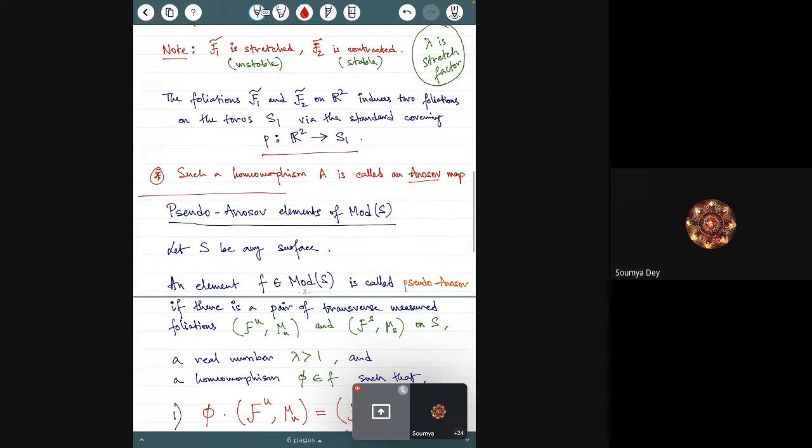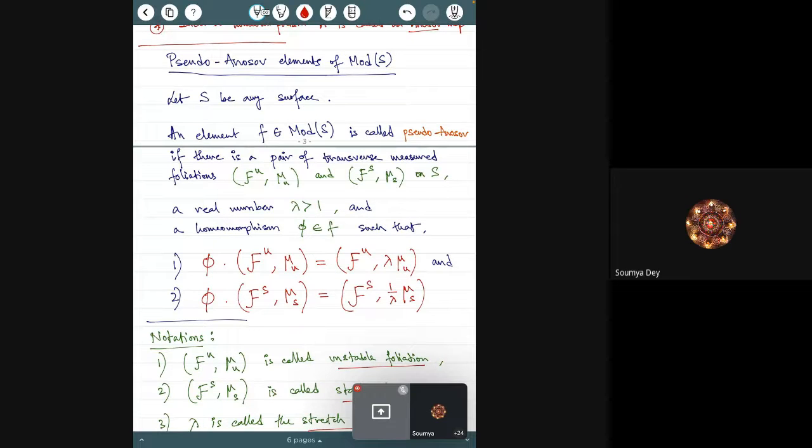So we'll try to generalize this notion of an Anosov map of the torus to higher genus surfaces. So let us define what is called a pseudo-Anosov element of the mapping class group. Let S be any surface. For the time being, you can consider S a closed surface.